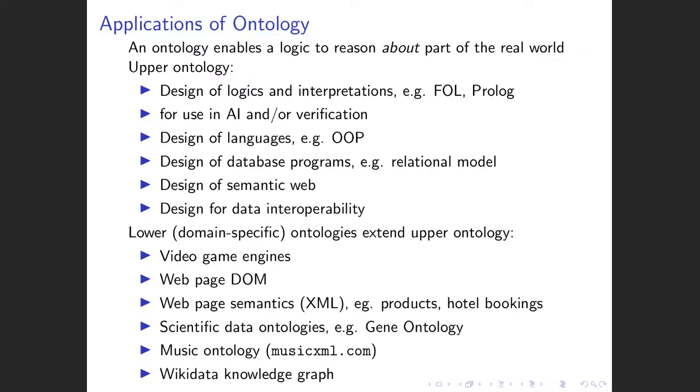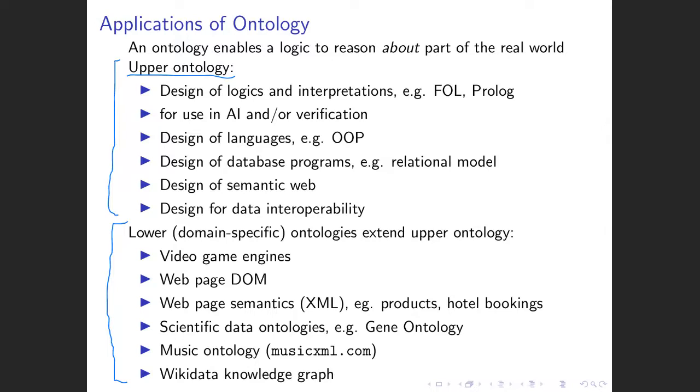And this usually requires a division into what is called upper and lower ontologies, which will form the later divisions of this lecture. So an upper ontology is this very abstract top-level theory of the basic entities. The theory of what is an object, what is a property, what is a relation, what is a spatial temporal interval, what is an event, what is a whole or an absence of something.